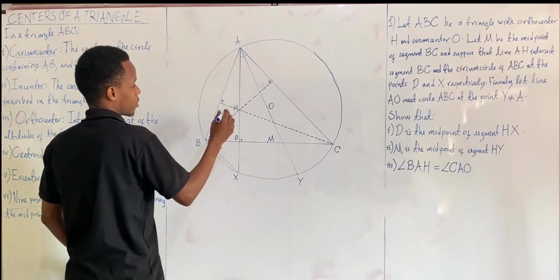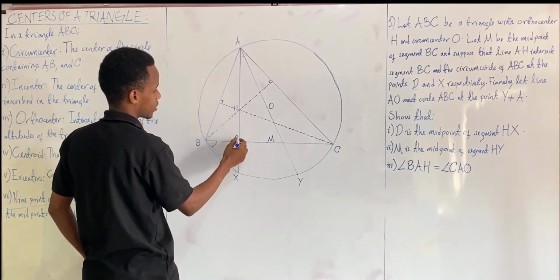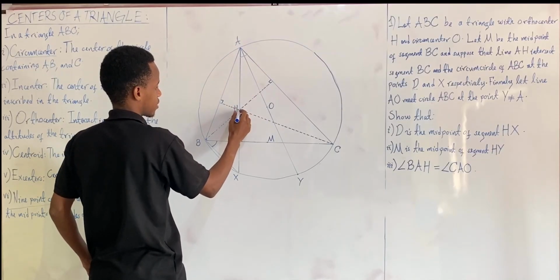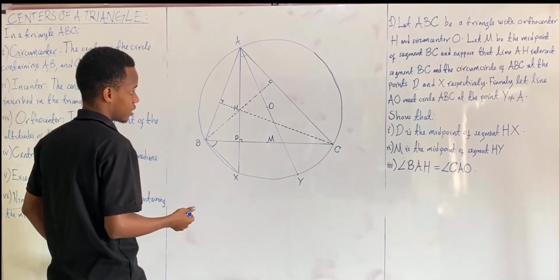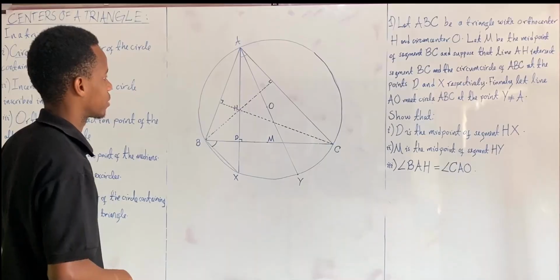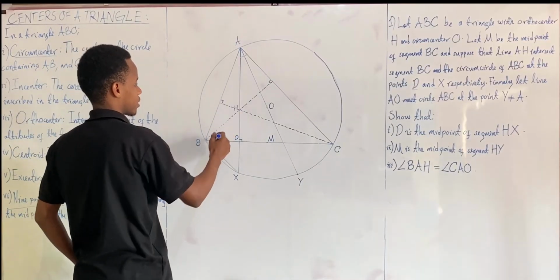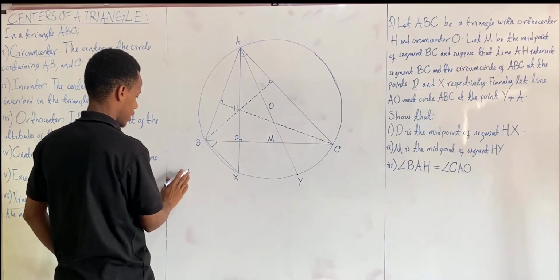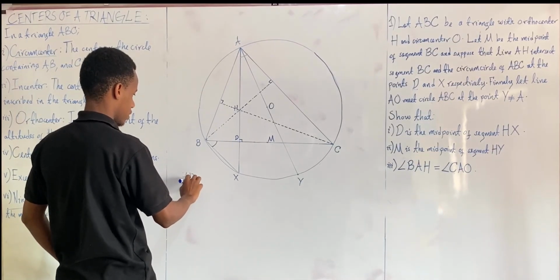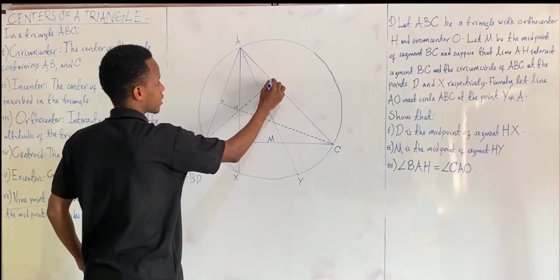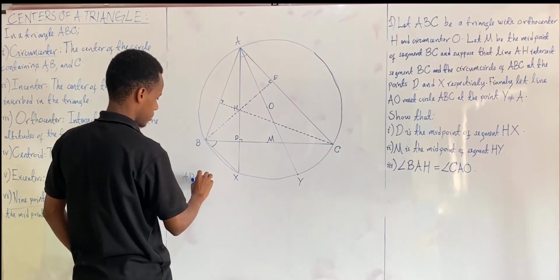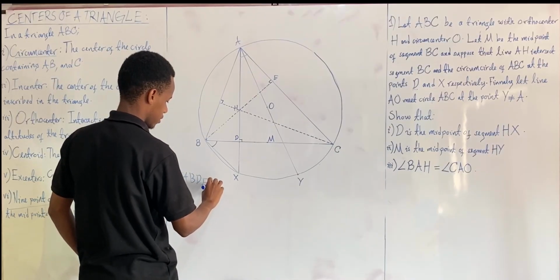Also, because we know that we have a right angle over there and also a right angle over there, because this is the orthocenter, then by the properties of cyclic quadrilateral, we know that the quadrilateral ABDE, if this point is point E, is cyclic.